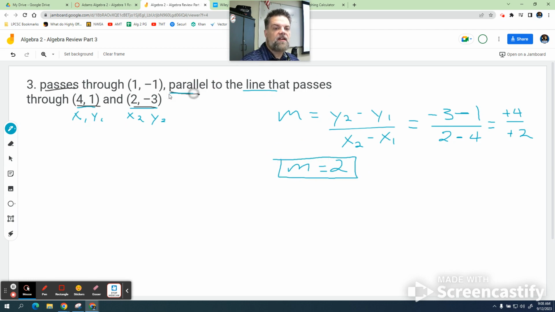Well, since it's parallel, it has to have the same slope. Parallel lines have the same slope. So this represents my original line, and the slope for the parallel line is also 2. But now here's the part that somebody might get confused on. My formula is y minus y sub 1 is equal to m times the quantity x minus x sub 1.